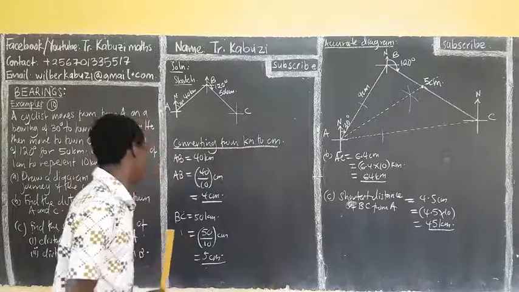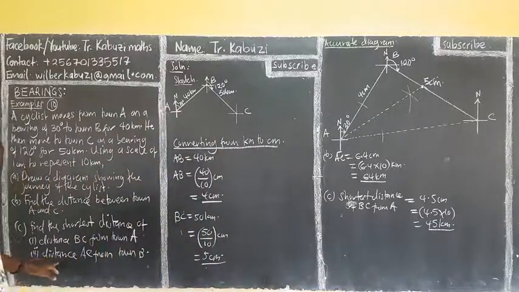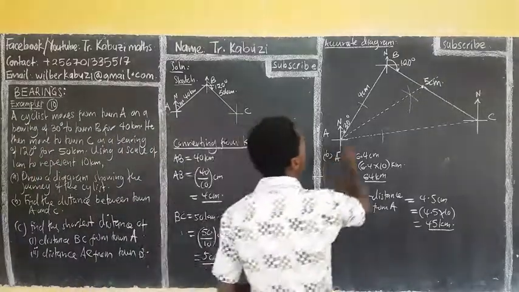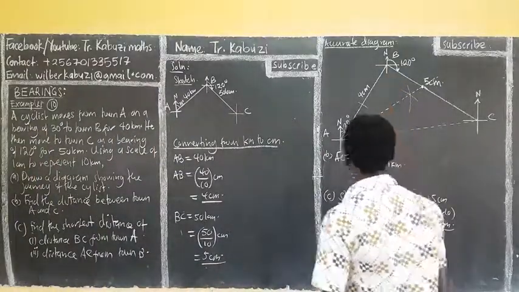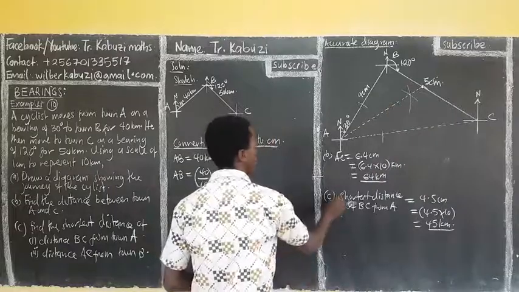So now, another one, they're telling us to find the shortest distance of AC from B. Where is AC? My AC is here, from B. So this is numerical 1.